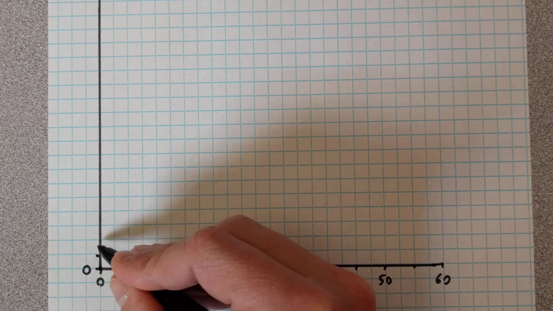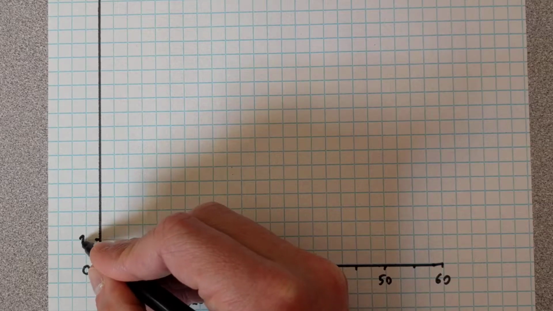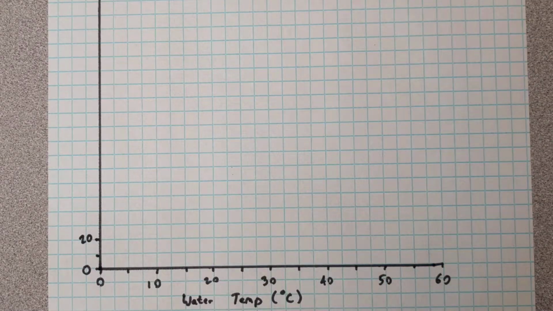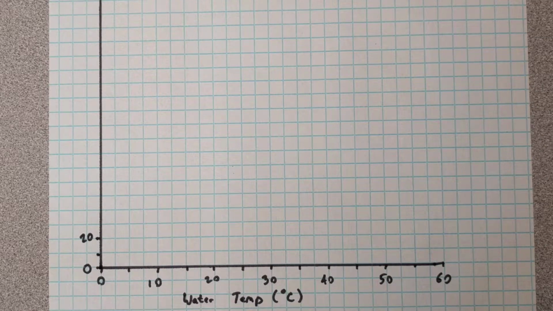So this would be 10, 20. And again, I'm not going to number every single tick mark. I'm only going to number the tick marks every other, so it doesn't get as cluttered.